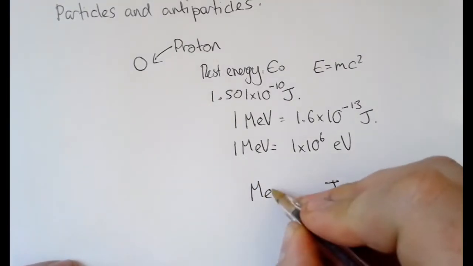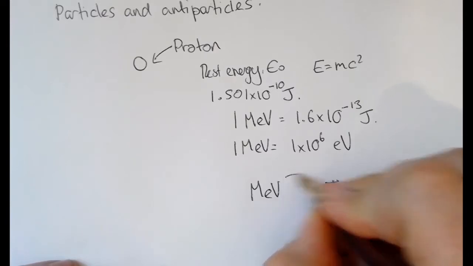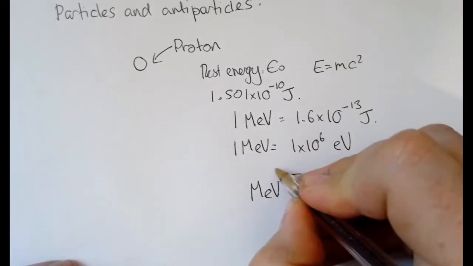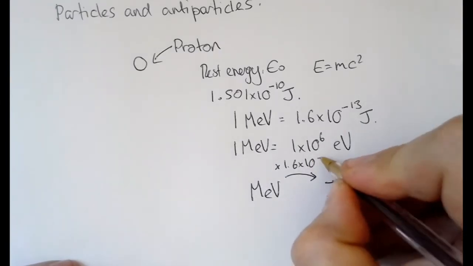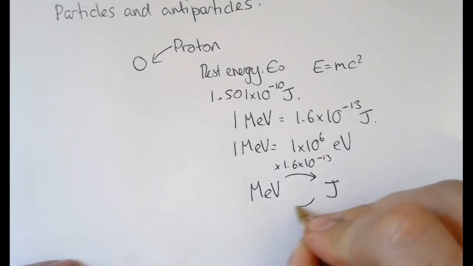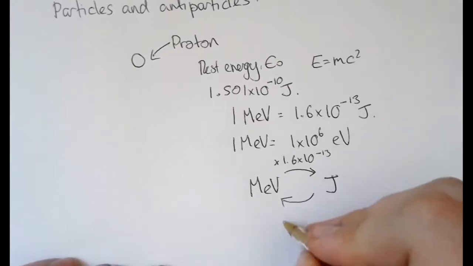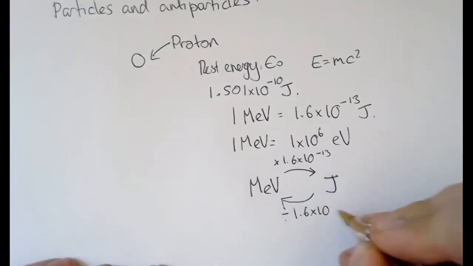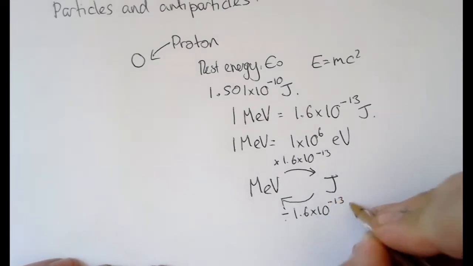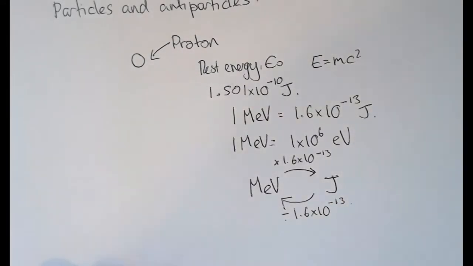If we want to go from mega electron volts to joules, we just multiply by 1.6 times 10 to negative 13. If we want to go from joules to mega electron volts, we divide by 1.6 times 10 to the negative 13. So just remember that.